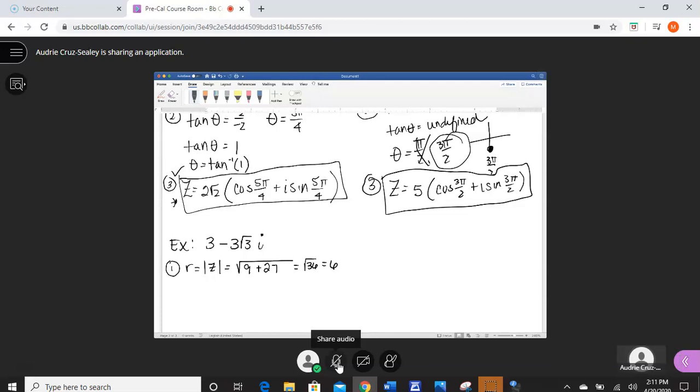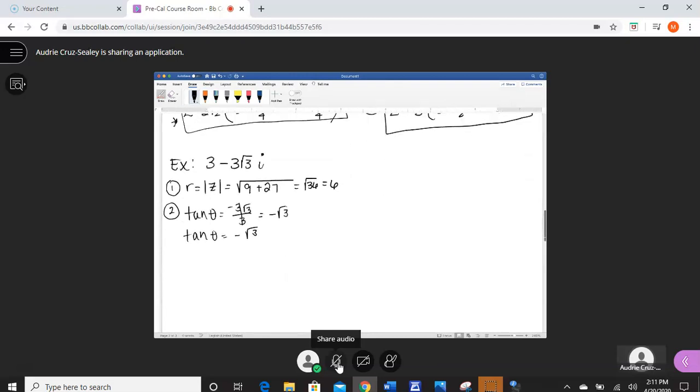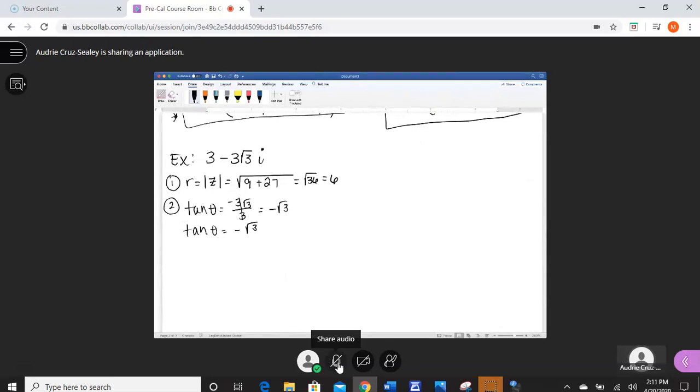Okay. So number 2 should be tangent of theta equals B over A. So -3 square root of 3 over 3. The 3's would cancel. You would get negative square root of 3 as your point. I don't want to know the point though. I want to know the angle. So where does tangent equal negative square root of 3? You go to your unit circle, look for where tangent is equal to negative square root of 3, and then you get theta equals 5 pi over 3.